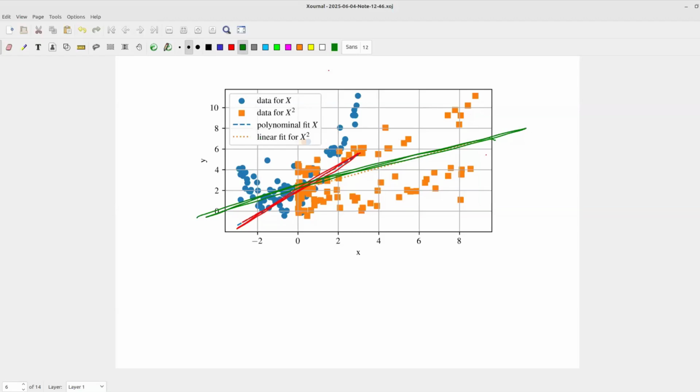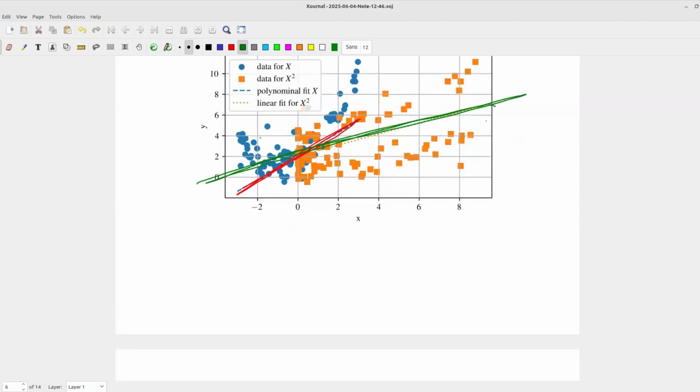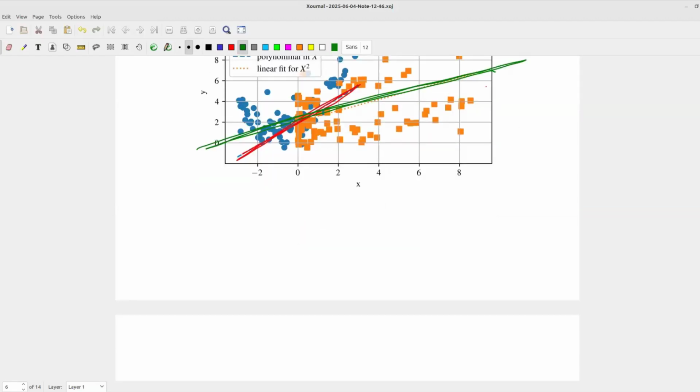So here we've got x and x squared, but if we wanted to do degree 3, we would have to do a squared, a cubed, b squared, b cubed, right?